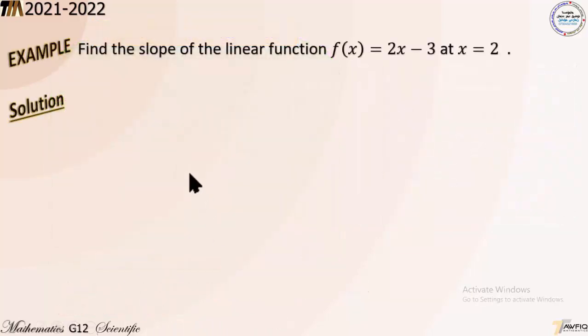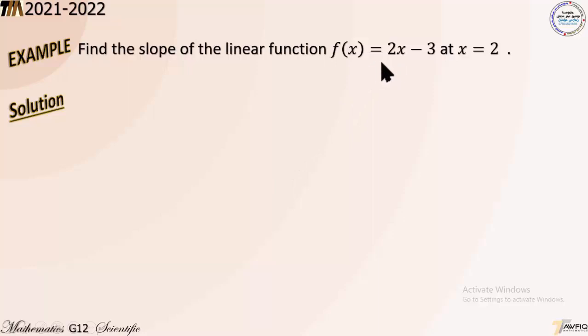Example. Find the slope of the linear function f of x equals 2x minus 3 at x equals 2. As we learned before in Chapter 1, Lesson 2, this is a linear function.